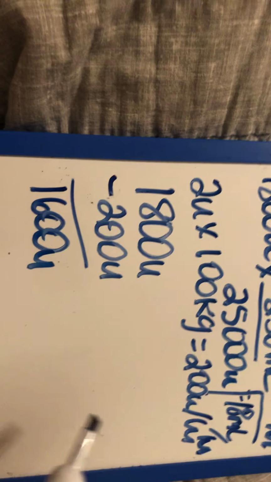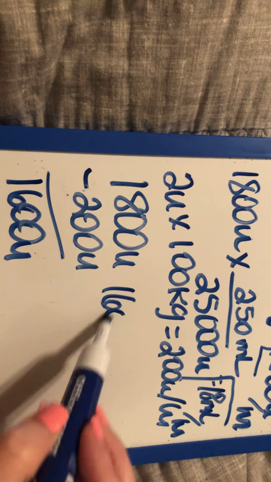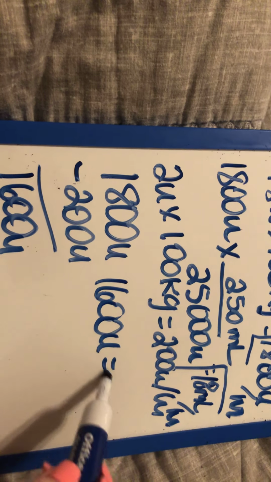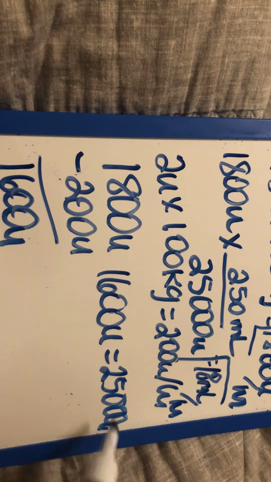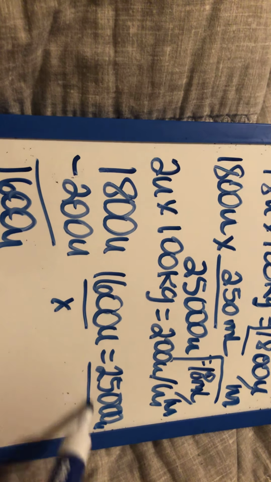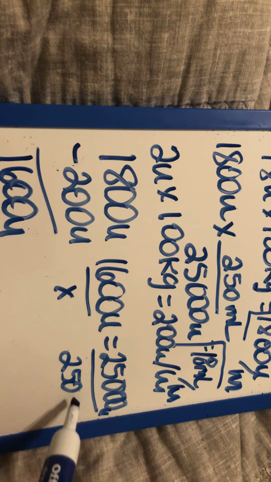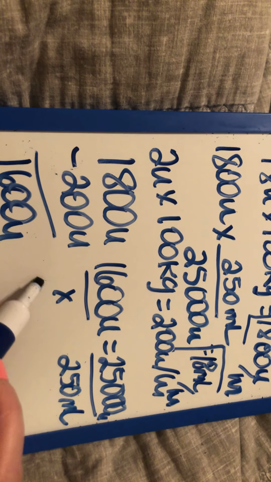And then if we want to find out how many milliliters per hour that is, we're just going to set up like this. And we're going to cross multiply.